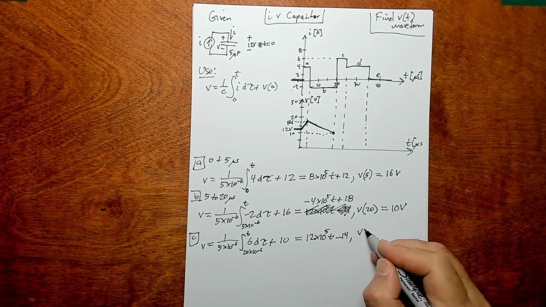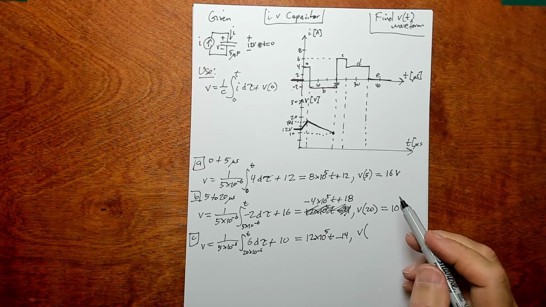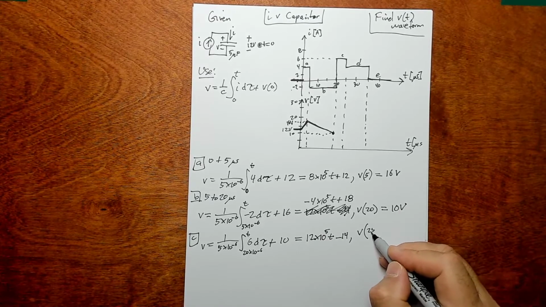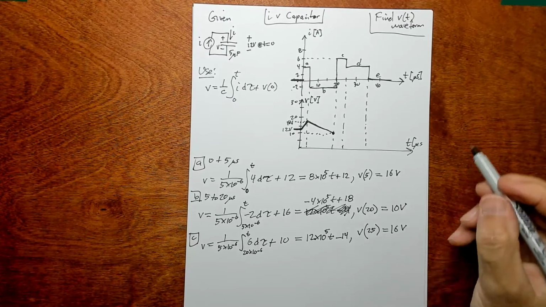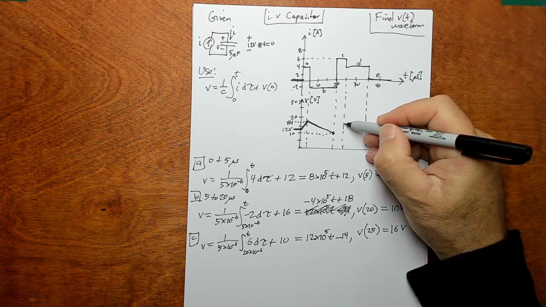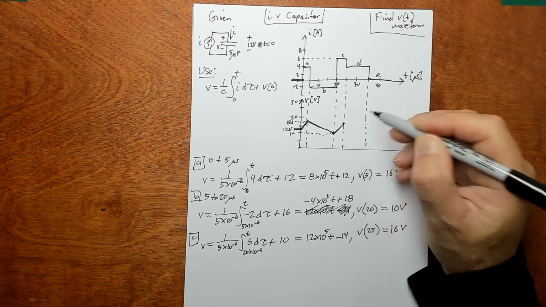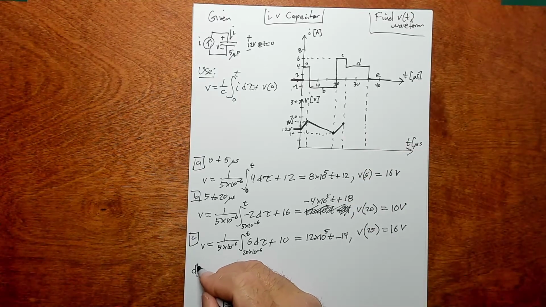And then solving that guy at the end of the waveform, which is 25 microseconds, you end up with 16 volts. So it goes back up to 16, like that. A couple more line segments here.